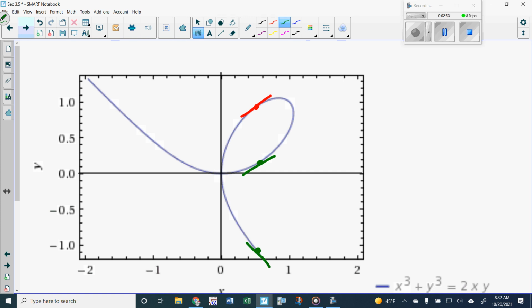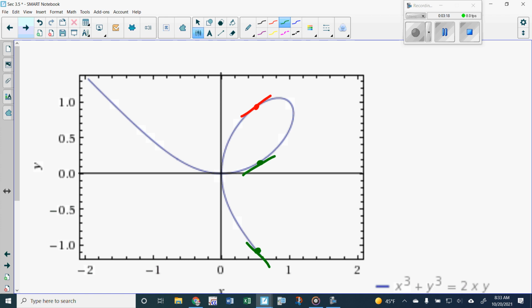So my derivative, dy dx, will have both x's and y's in it, because it depends on the x and the y point. These two seem to be similar, right? This one is a completely different sign. So the y down here is going to affect it.